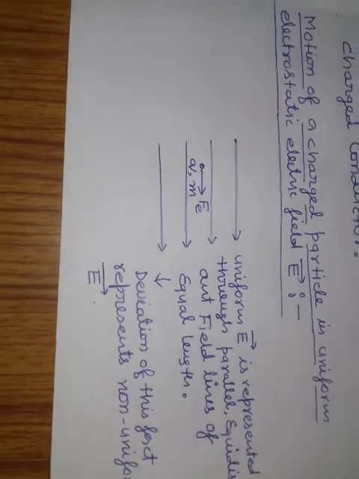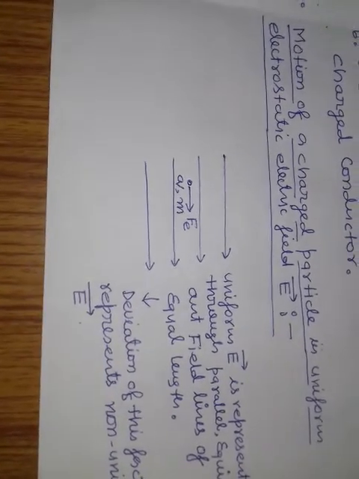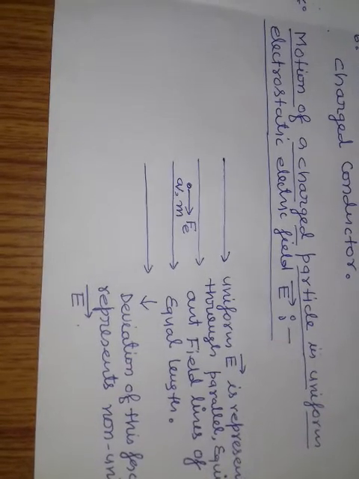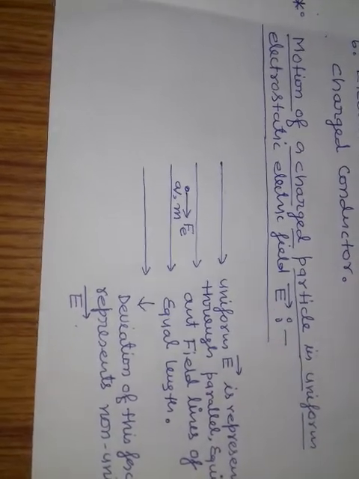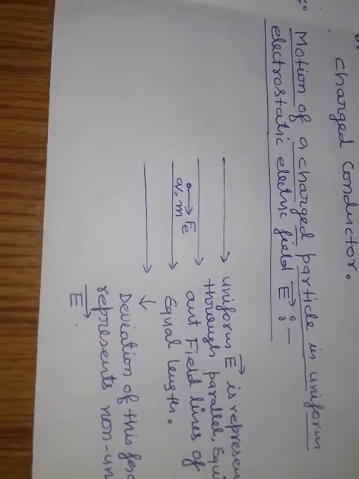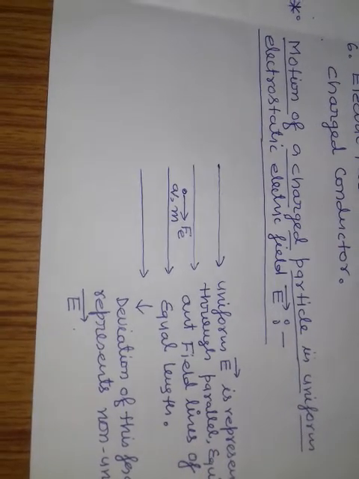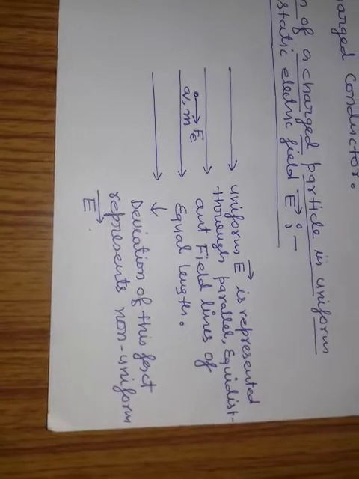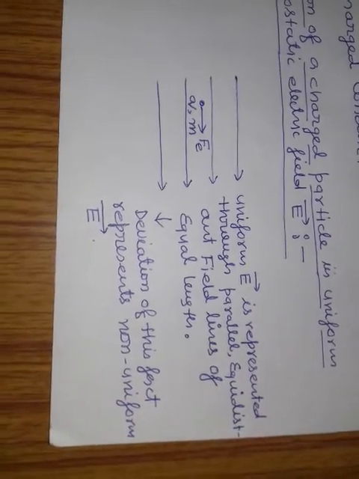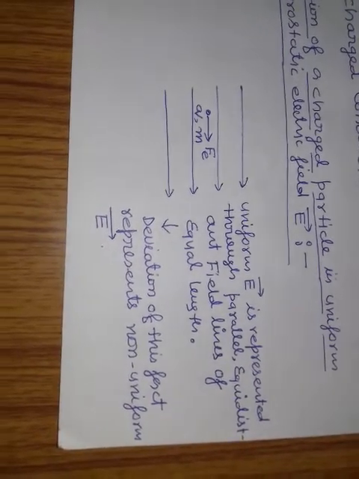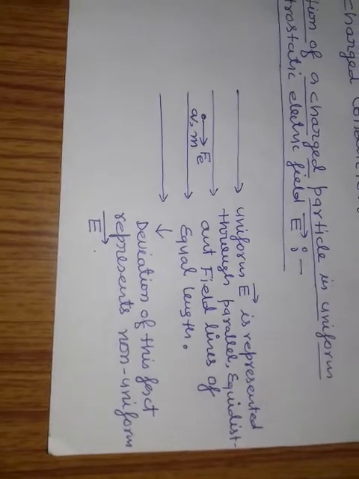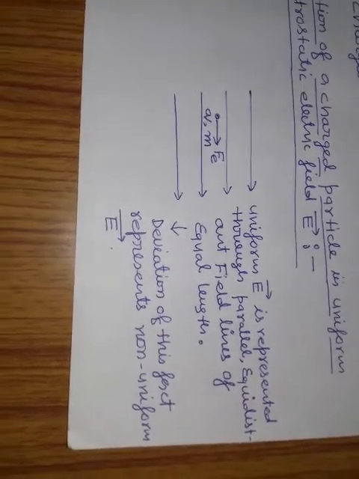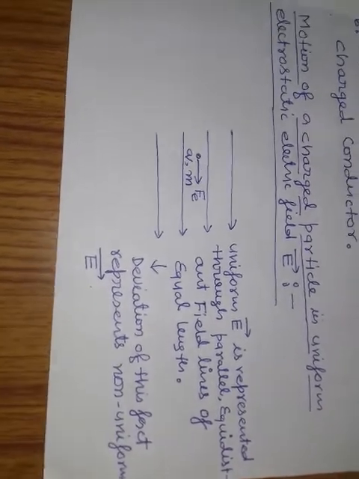You can see the electric field lines are parallel, of equal length, and in the same direction. Deviation from this always represents non-uniform electric field.